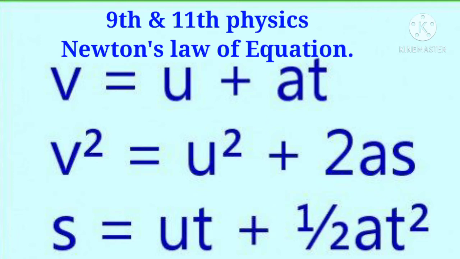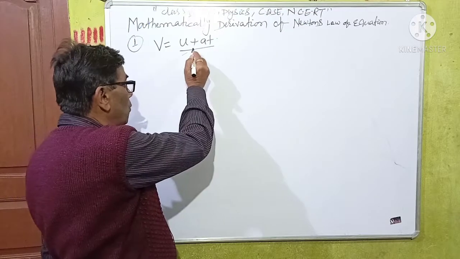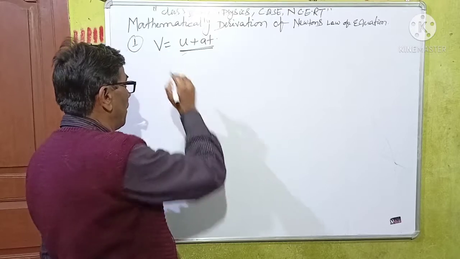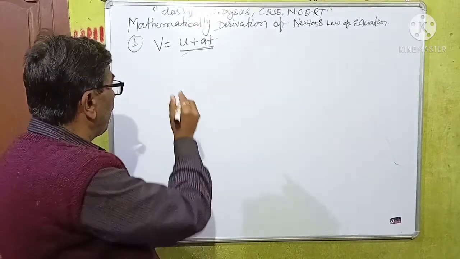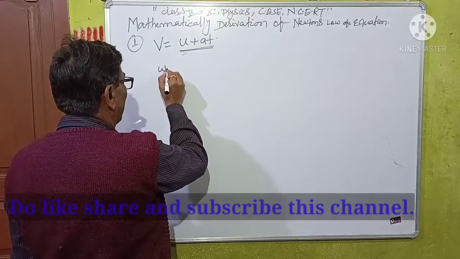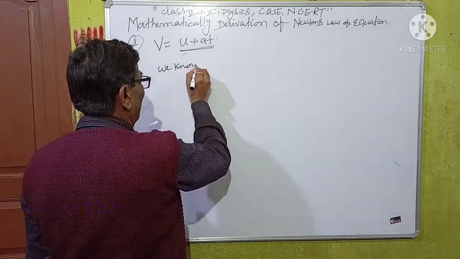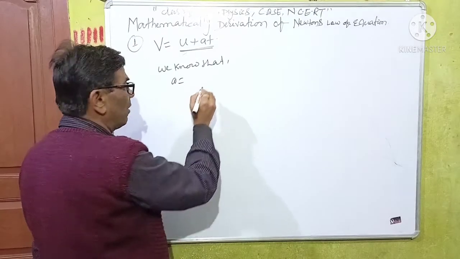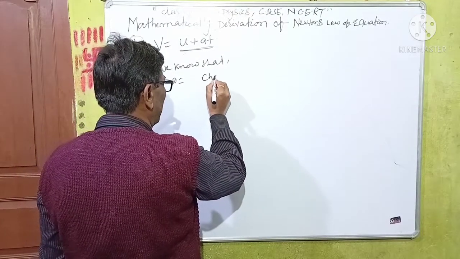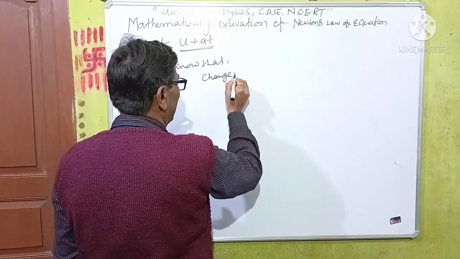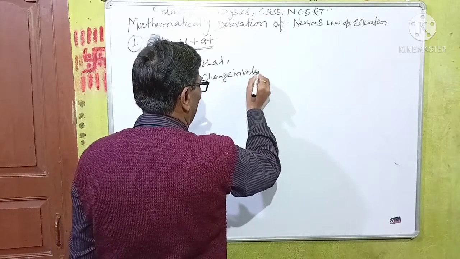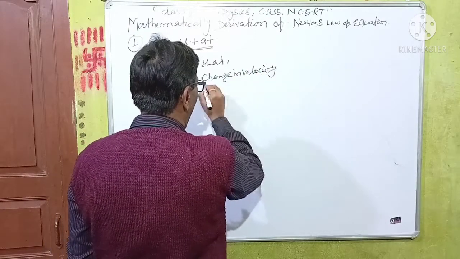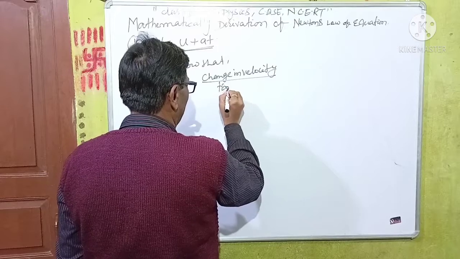The first of Newton's equations of motion is v = u + at. Here we know that acceleration is equal to change in velocity upon time taken.